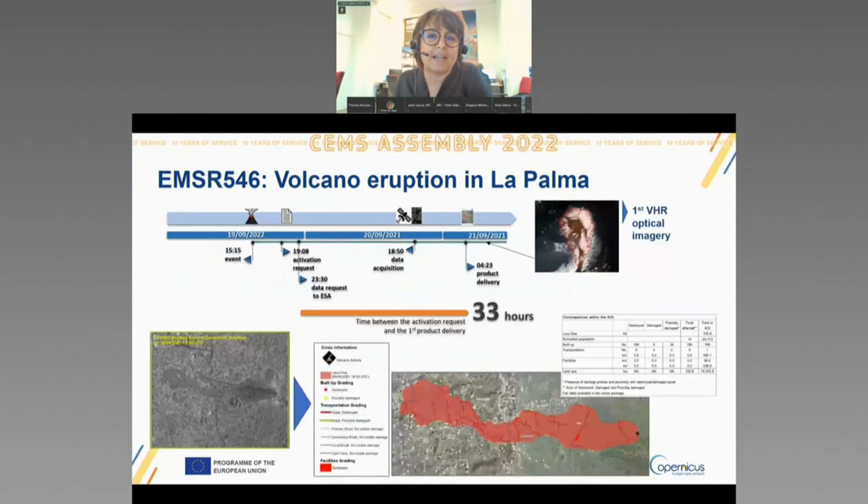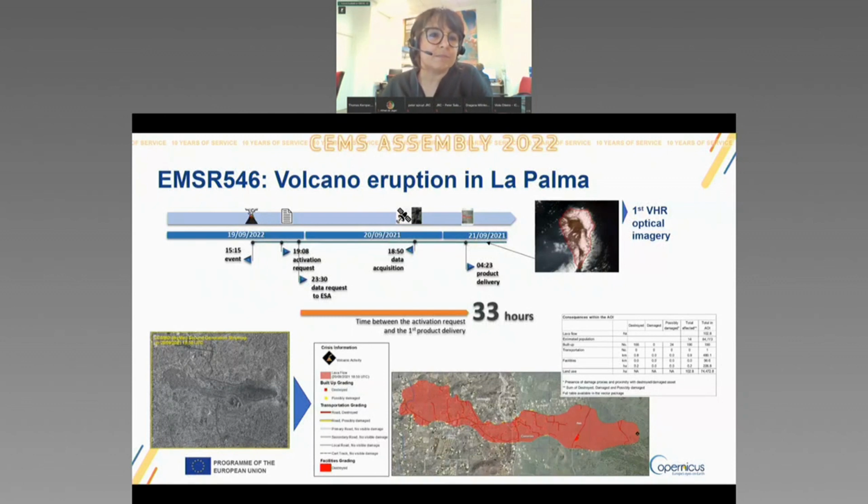In this slide, there is the standard workflow of the rapid mapping service. For this specific activation, we received the request in the evening, 4 hours after the volcano eruption on La Palma Island.